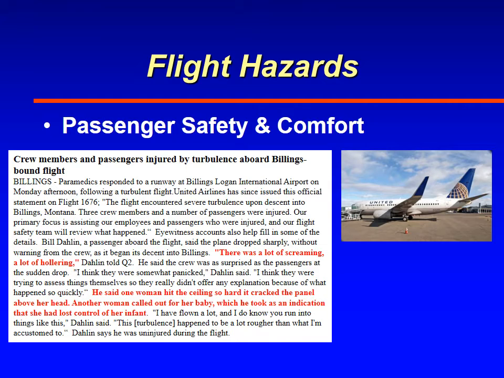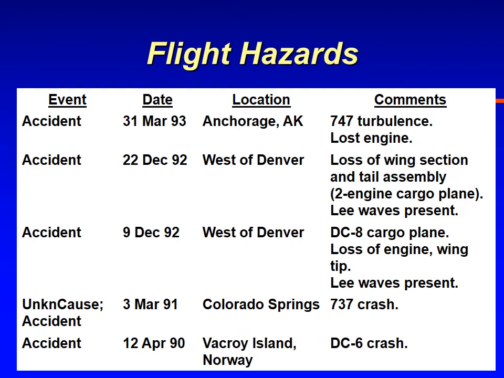I highlighted some of the areas. There was a lot of screaming. One woman hit the ceiling so hard that her head cracked the panel above her head. And another woman called out for her baby, who she lost control of. The baby was bouncing through the aircraft. That's pretty scary. Here are some accidents that have happened in the past that resulted in aircraft damage or crashes.